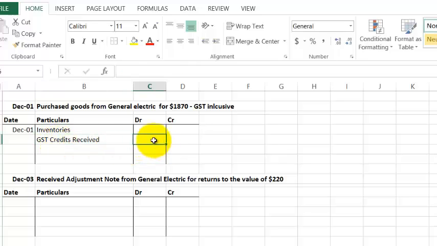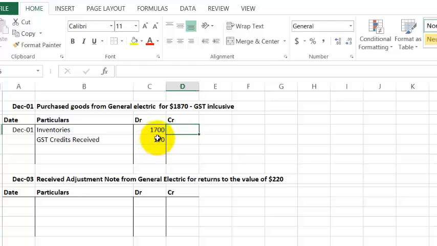Remember that when we purchase stuff, we record the rebate that we're going to get on the debit side. So 1/11th of that is $170. So the remainder is $1,700. So we purchased something for $1,700.